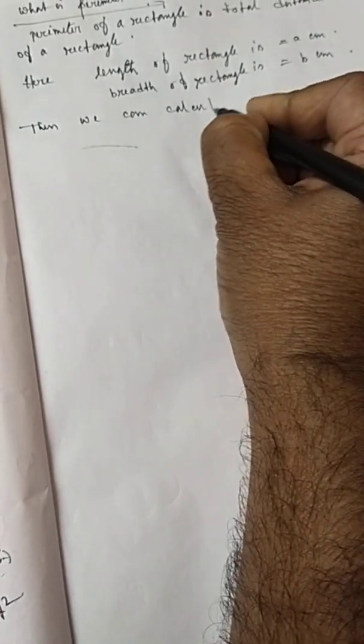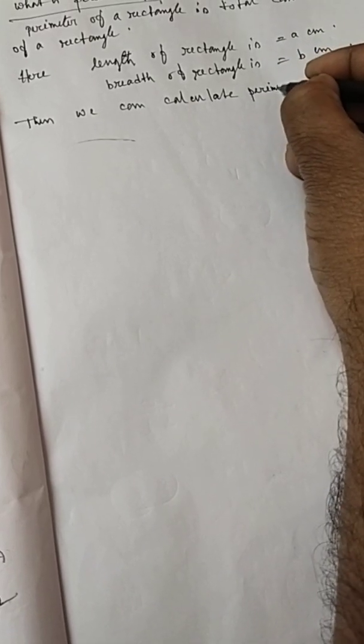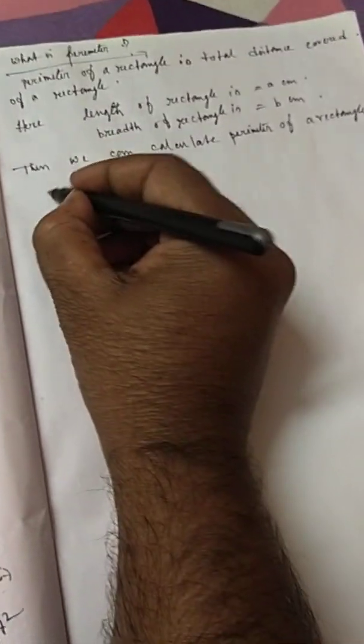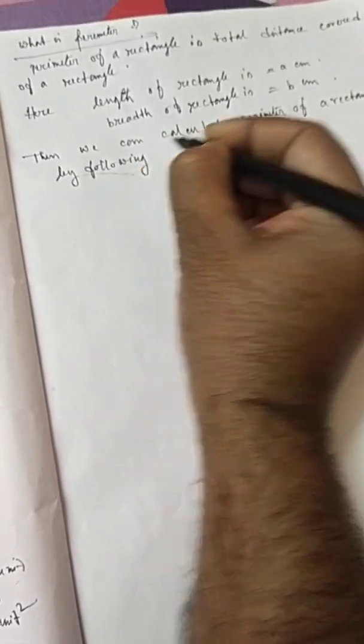Then we can calculate perimeter of a rectangle by following formula.